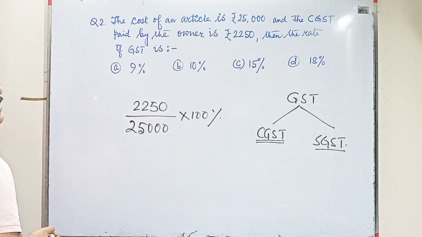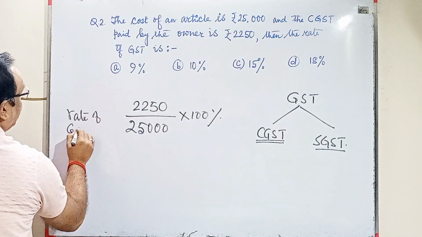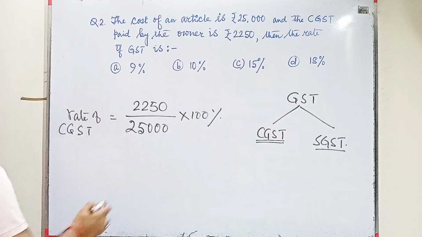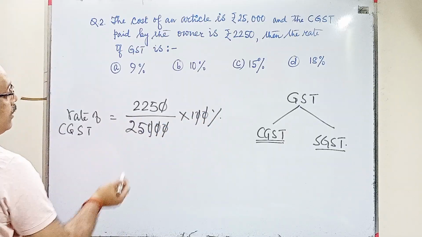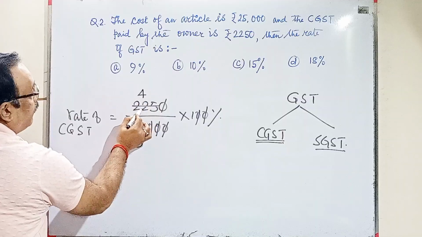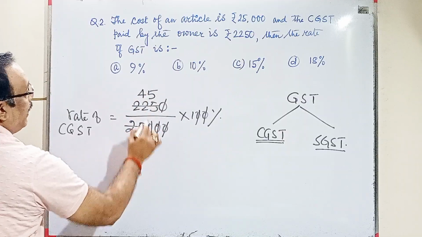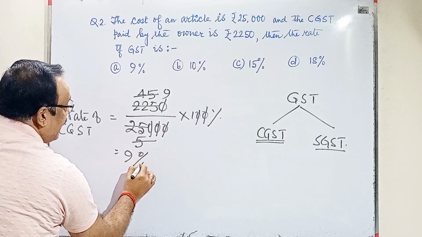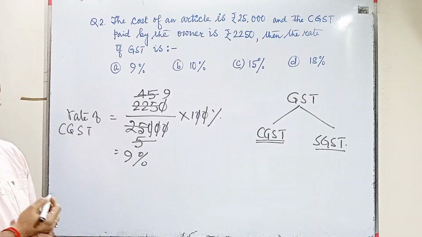That gives me the rate of CGST: 2250 by 25,000. Cancel the zeros, and with 5 if I cancel, 9. So we get the rate of CGST is 9%, because 2250 is 9% of 25,000.